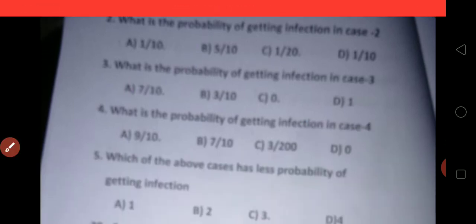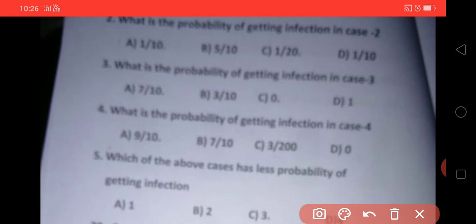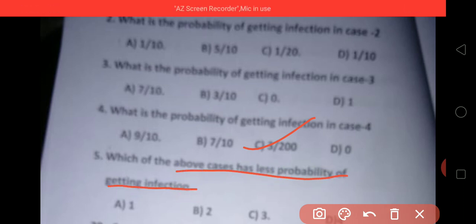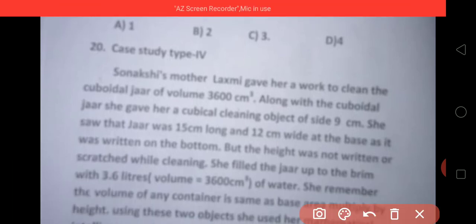And in case 4, what is the probability of getting infection? Fourth part, that is 3 by 200 we got. Okay, in the above cases, the probability of getting the least infection is asked, you have to tell the least infection. So less infection is in the fourth, right? In the fourth case.